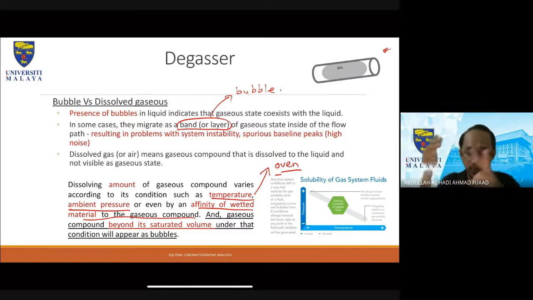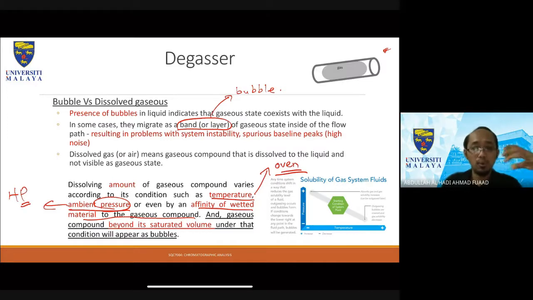Then there's pressure. We call it HPLC, so high performance or high pressure. The system does not run at ambient pressure; it is high pressure because of the pump. And lastly, there's the affinity of the wetted material to the gaseous compound.